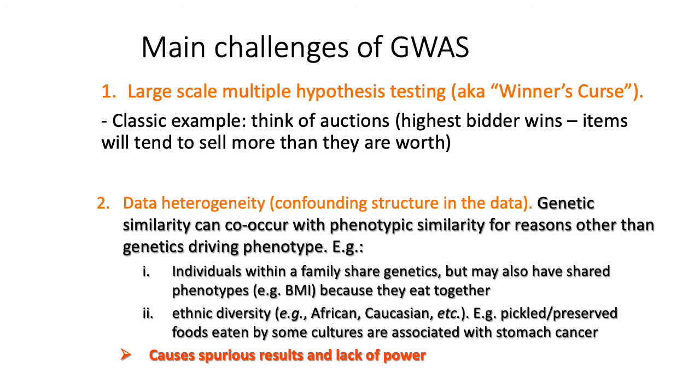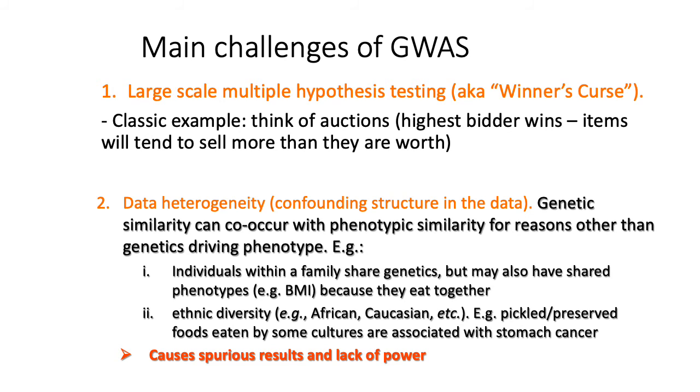The idea here is that genetic association studies essentially look for correlations between genetic similarity and phenotypic similarity. So the idea of association studies is that if the more genetically similar two people are, the more phenotypically similar they are, that suggests that genetics explains phenotype.